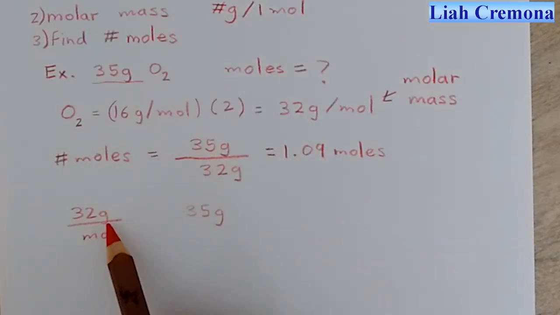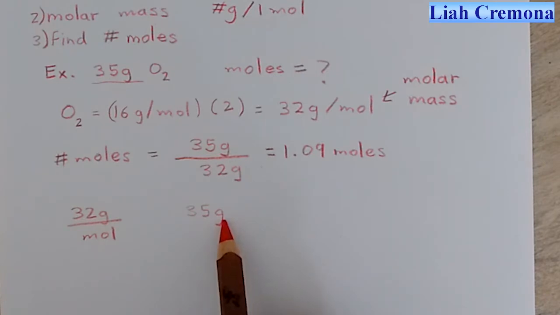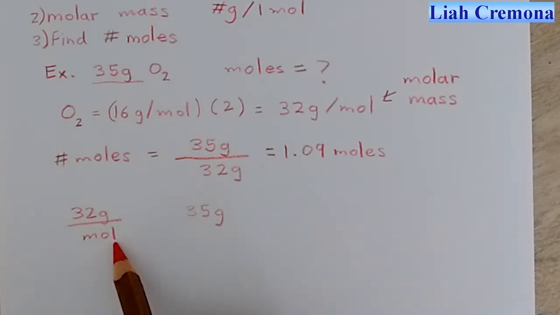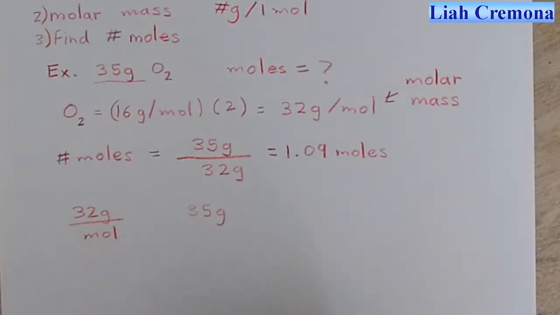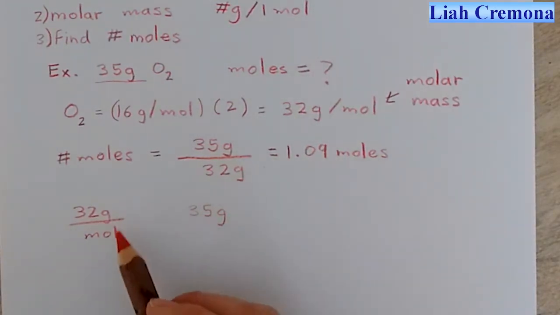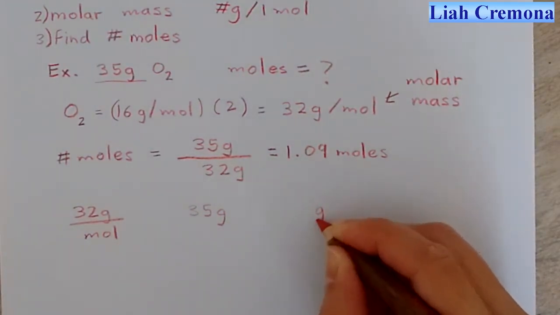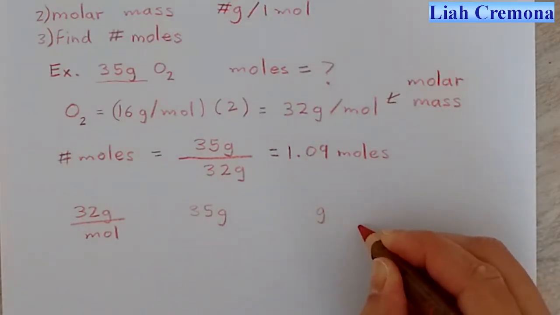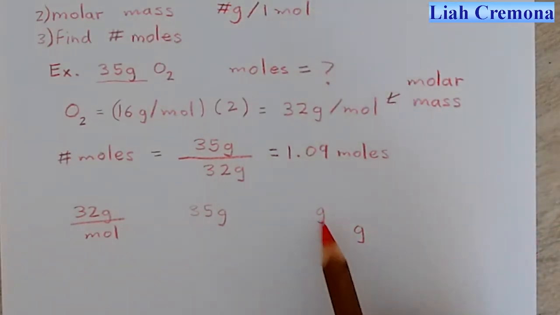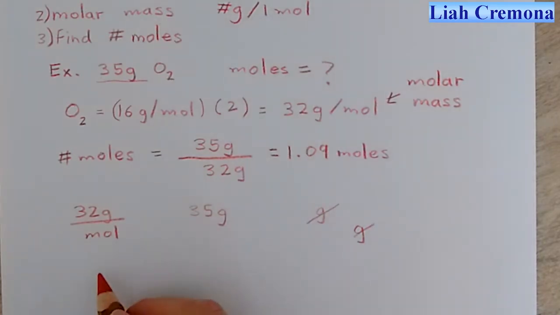Now, what we want to do is cancel out grams so that we can be left with the unit of moles, which we're looking for. In multiplication, we are allowed to cancel out units when one is on the top and one is on the bottom. So we need to have grams on one level and the other grams on the other level so we can cancel them out.